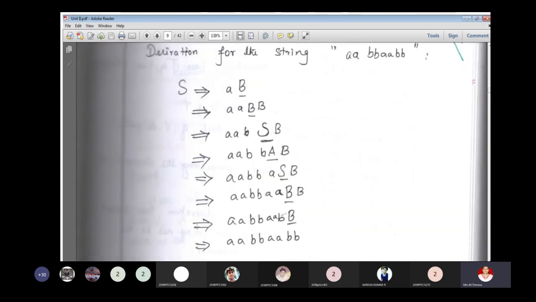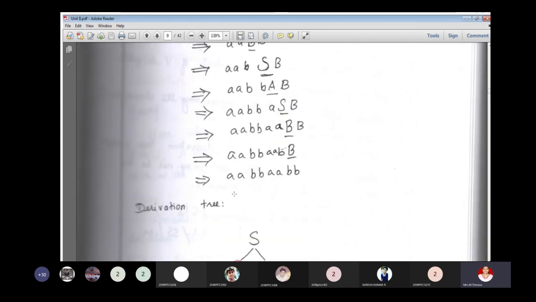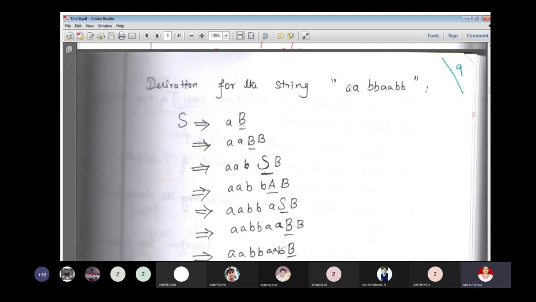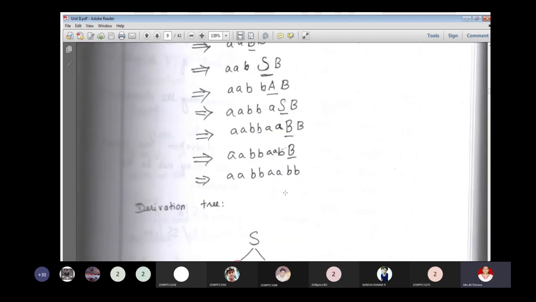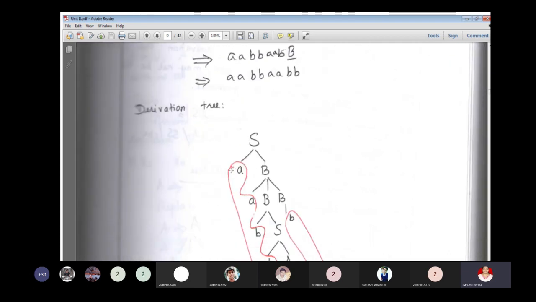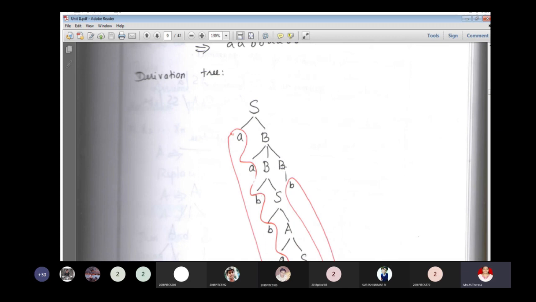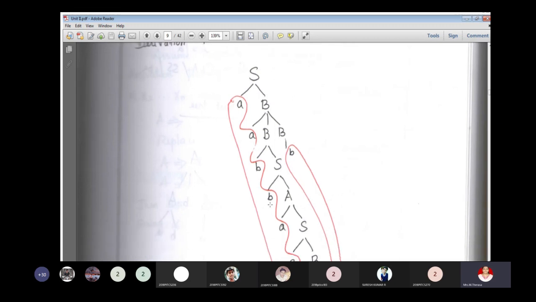Now we can draw a corresponding parse tree for this derivation. S is derived as aB, so S with the two children a and B. We know this a is a terminal; it cannot be expanded further. But we can take this B. So B is replaced with aBB. Again, you can take this B and replace it with bS. And again, this S can be taken and replaced with bA.